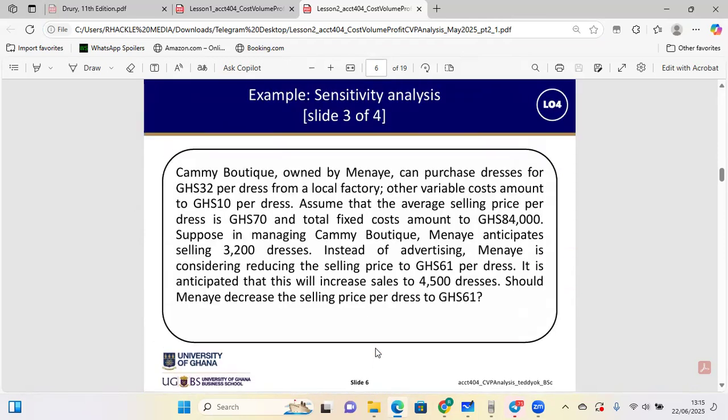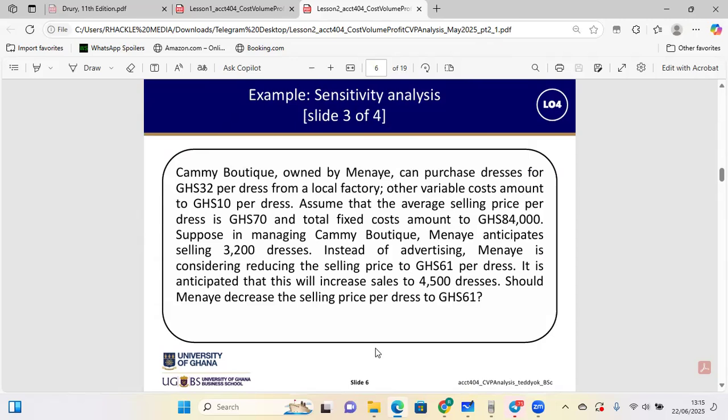Right? So this is the same question. Kami, the boutique owner, assume that the average selling price is the same and total fixed cost amounts to 84,000. Suppose in managing Kami's boutique, Menaye anticipates selling 3,200 dresses instead of advertising. Now she wants to reduce the price.